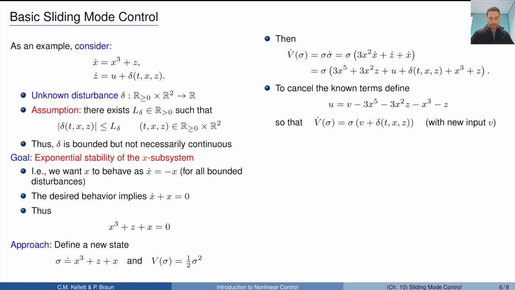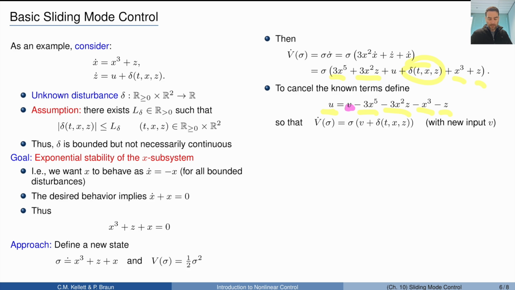To simplify that expression, we can cancel the known terms, meaning we define u in the following form, canceling the particular terms here, and here, and here, and here, just leaving us with this unknown term, and keeping the degree of freedom here in terms of a new variable v.